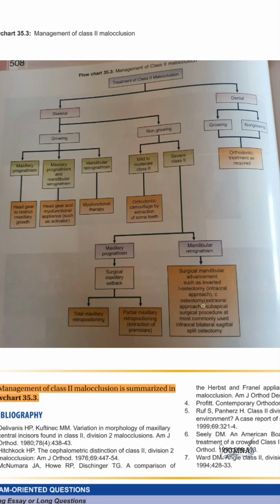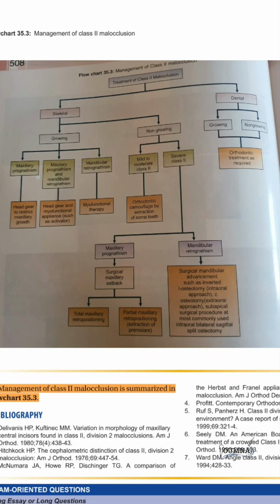removable orthodontic appliances. When it is skeletal, whether it is in the growing or the non-growing phase, in the growing phase, if we have mandibular retrognathism, we use the myofunctional therapy, which are the functional appliances.